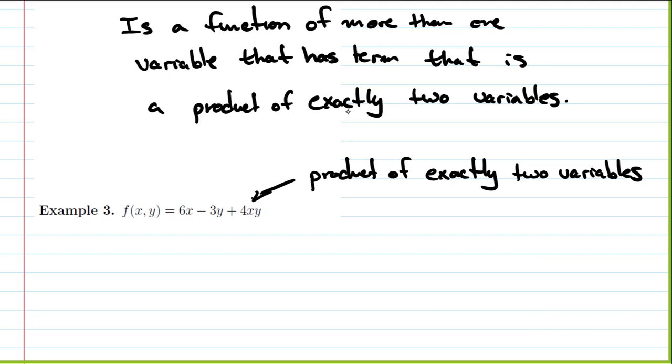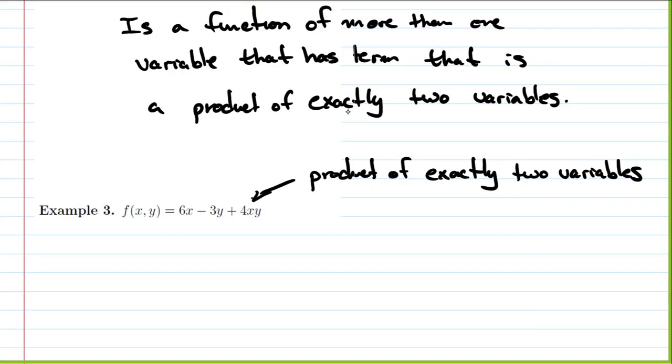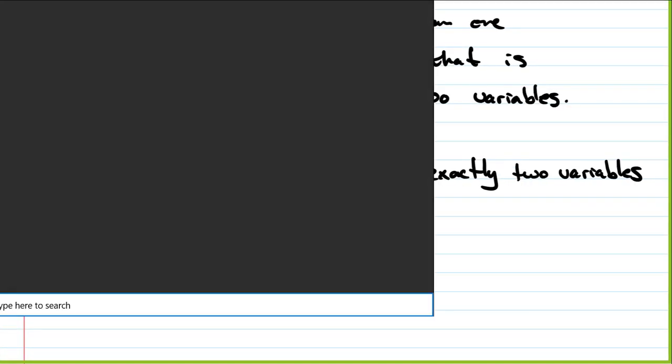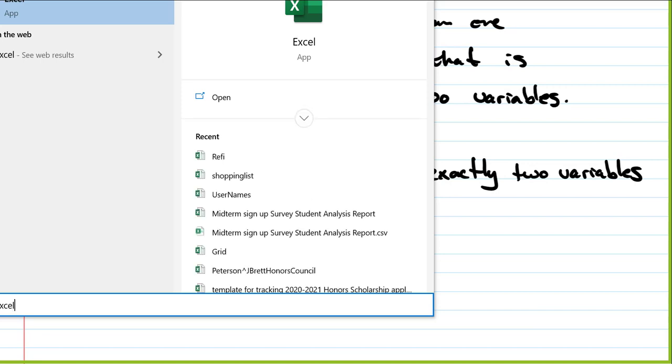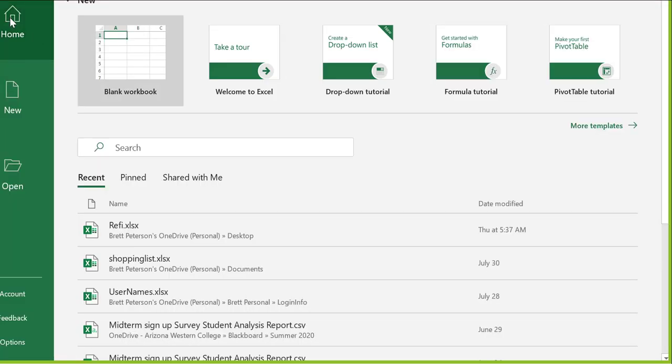So for us to do this, one of the tools that we're going to want to use is Excel. So I'm going to pop open Excel and let's talk about how we're going to do this.